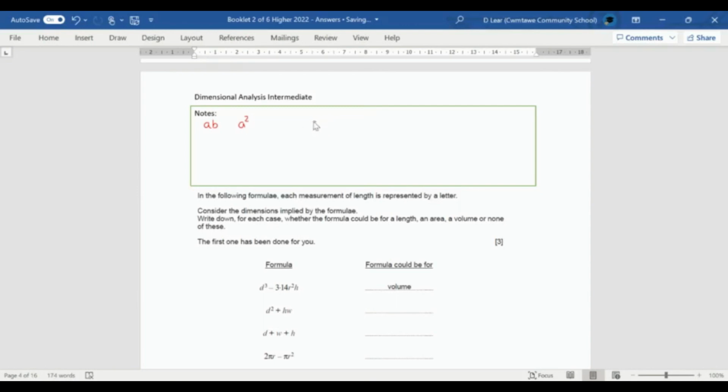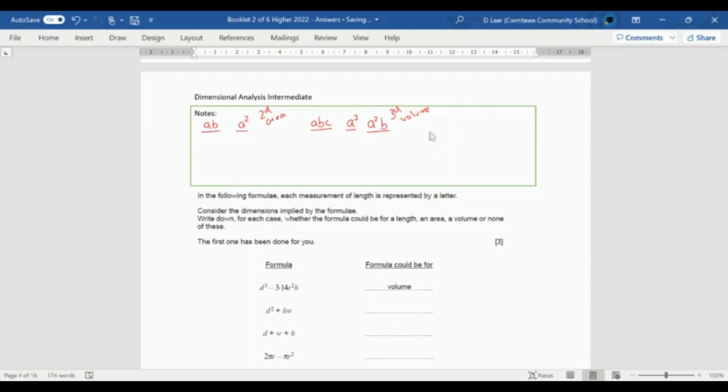Any three letters timesed together, for example, ABC, or A cubed, or even A squared B, which is two A's and a B. All of those are three letters timesed together, and is a volume, is three-dimensional. So you've got two-dimensional, 2D, which is area, and you've got 3D, which is volume. My apologies, these are three different things, and these are two different things.